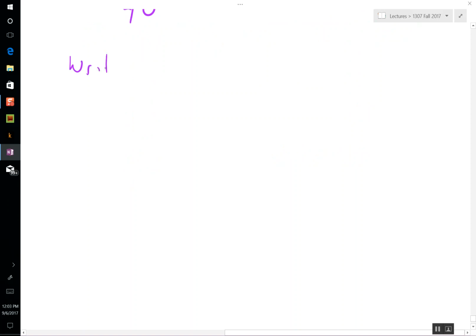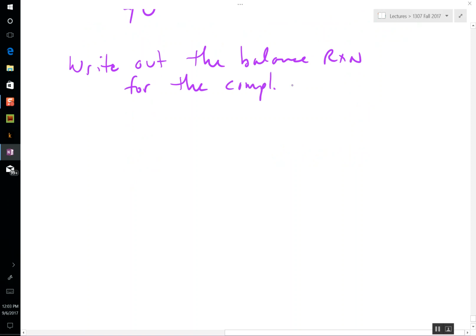Write out the balanced reaction for the complete combustion of propane. All right, that could be a word problem on a quiz or an exam. Write out the balanced reaction for the complete combustion of propane. So go ahead and do that.